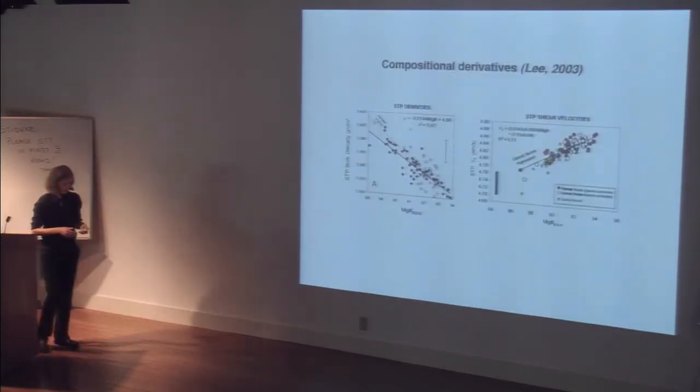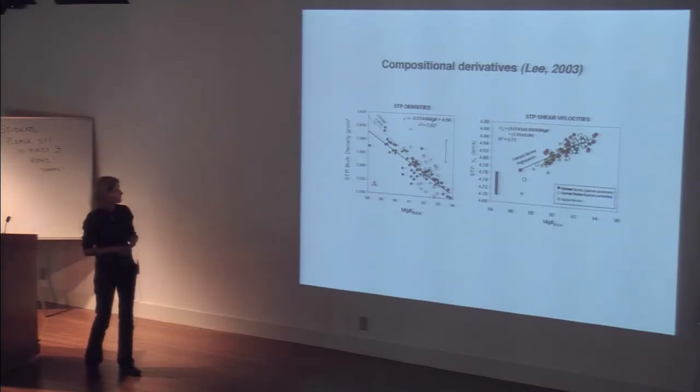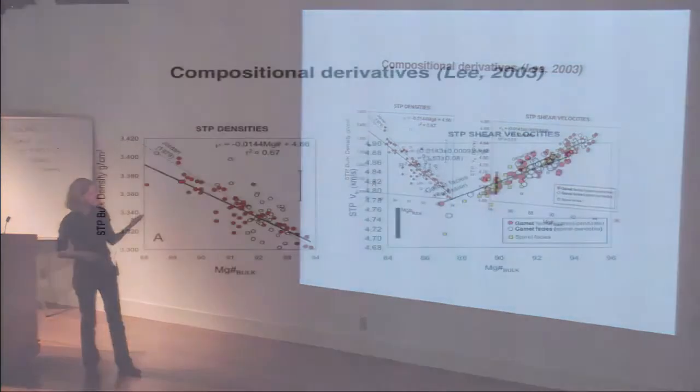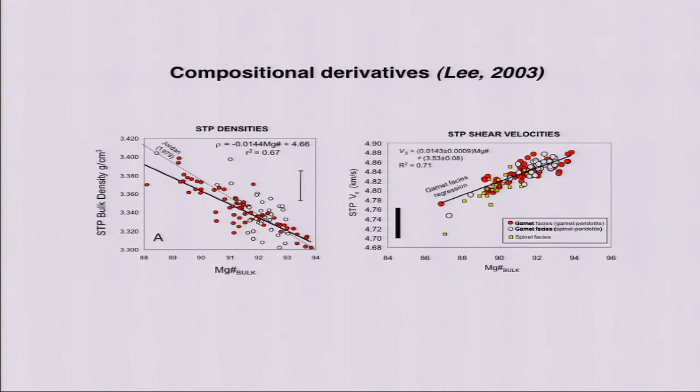We've got a thermal scaling from the oceans. If I take a compositional scaling from Sinti's work, then we've got density as a function of Mg number and Vs as a function of Mg number. So we can put all those things together.